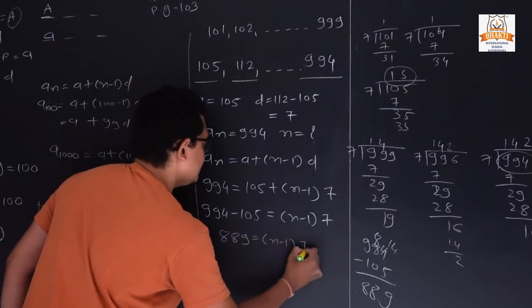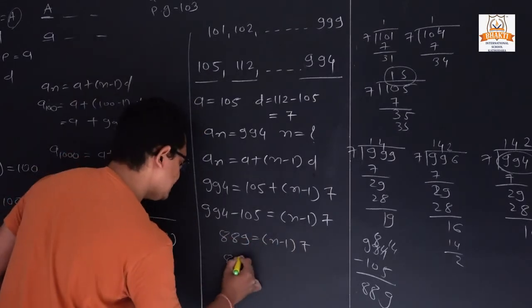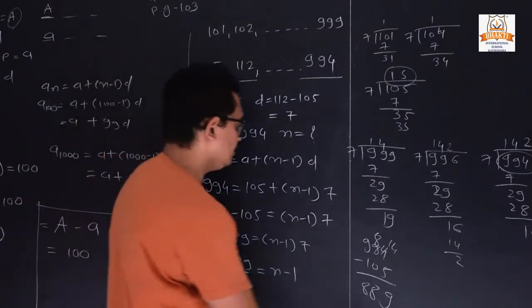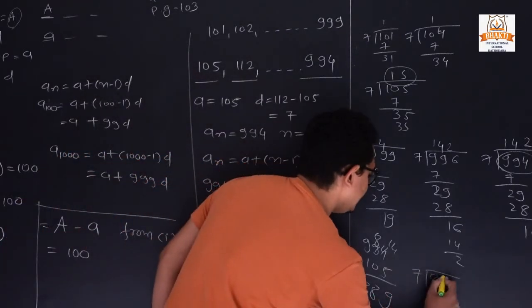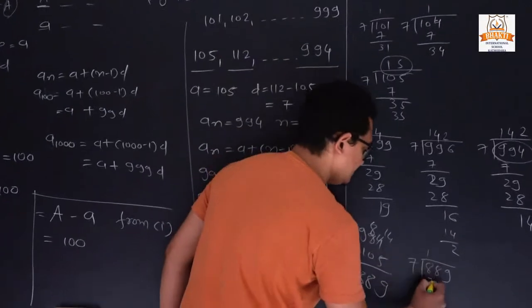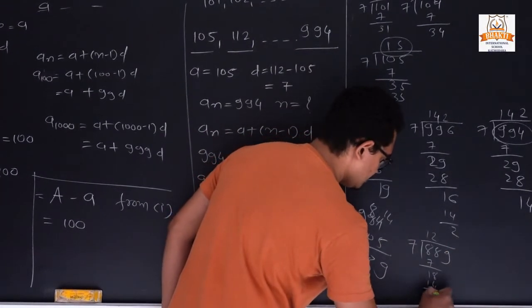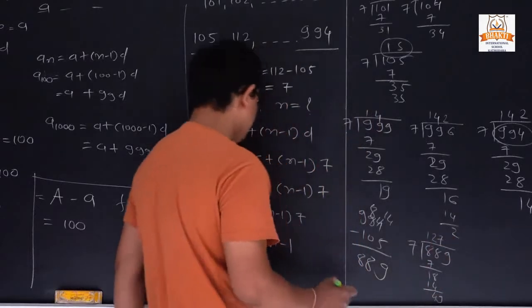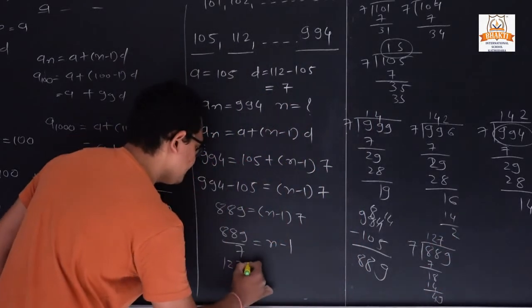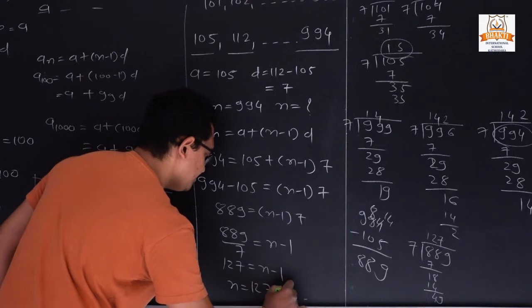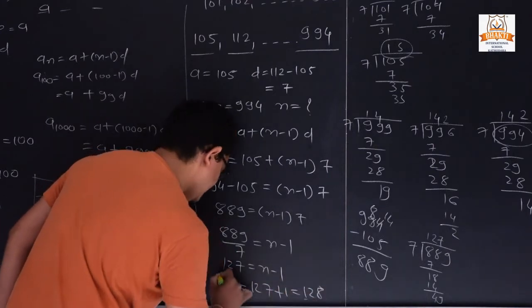N minus 1 into 7. Now this 7 is going to the second side. So it will be in division. So 7 divided into 889. 7 ones are 7. 7 twos are 14. So 4. 7 sevens are 49. So it is 127. Now this minus 1 is going to the second side. So it becomes plus. So it means what?